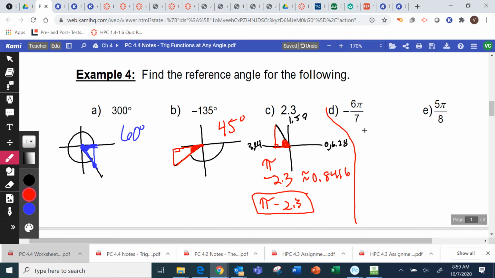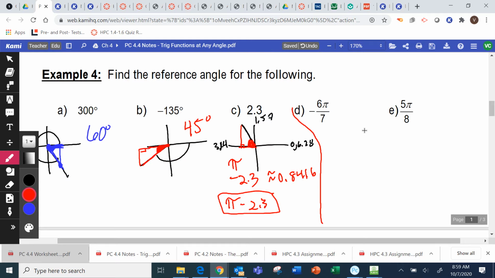All right, 2 more. We've got negative 6 pi over 7. This is not one I'm familiar with. But if we have pi divided by some number, that just tells me to take half of it and divide it into 7 equal places. We're going to pass through 6 of them. The negative tells me I'm going down.